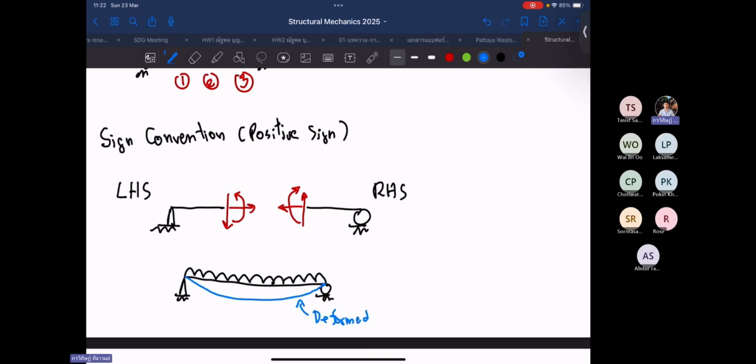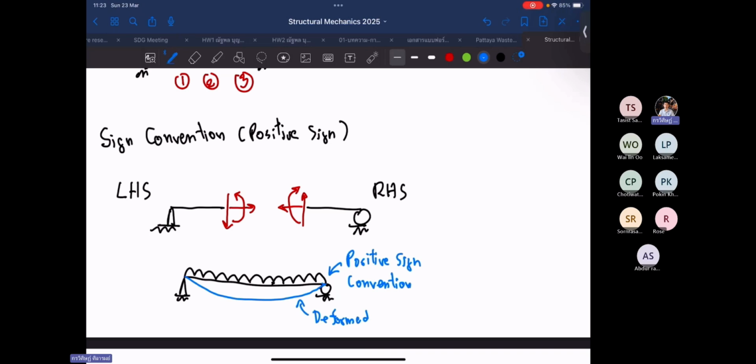As most of the beams are deformed like this, we define that this one is positive convention. If the moment is positive, that means the beam will bend downward. But if the moment is negative, the beam will bend upward, like that.